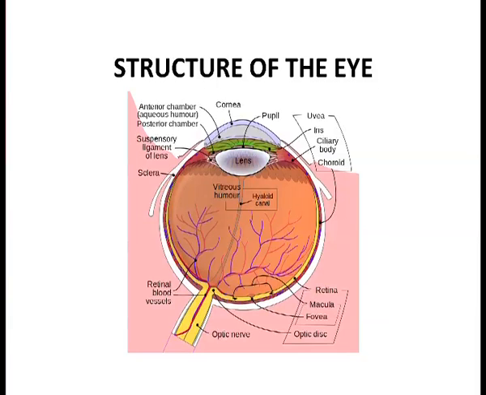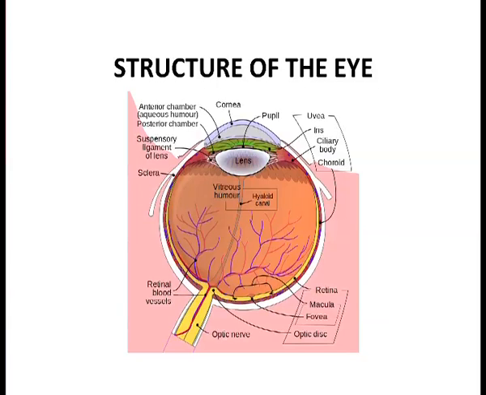The transparent cornea in front and the tough sclera surrounding the rest of the eye serve to protect it from injury and to maintain its shape. The choroid is the middle layer of dark material richly supplied with blood vessels.